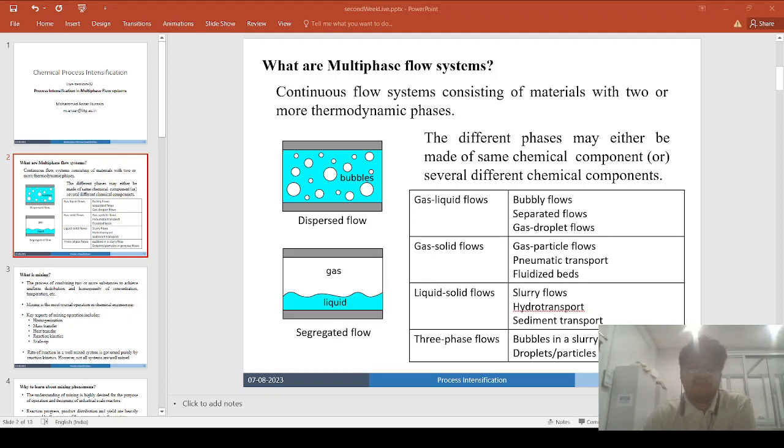Here we combine the reaction and separation stages together, so that is why it is called reactive distillation, and lots of complex interactions are there.